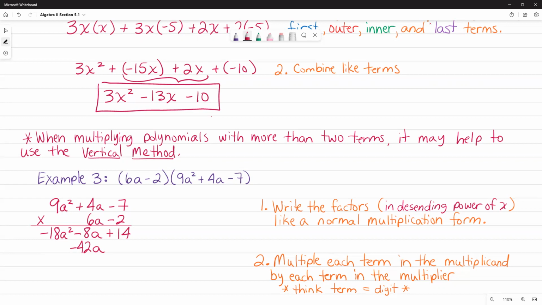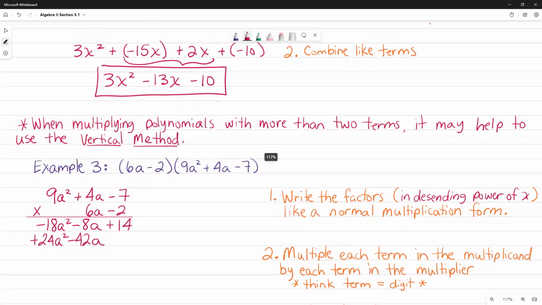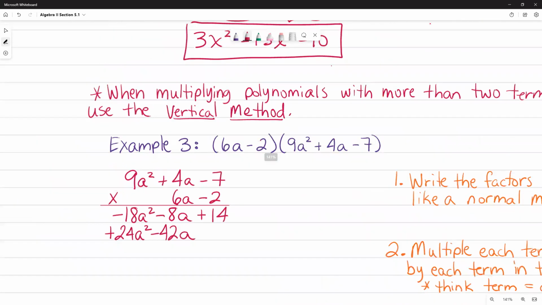Okay, 6a times 4a. Positive 24a squared. All right, and 6a times 9a squared. 54a cubed.